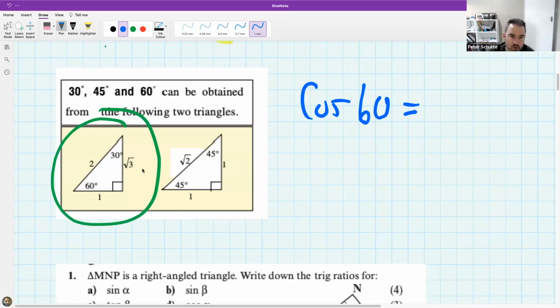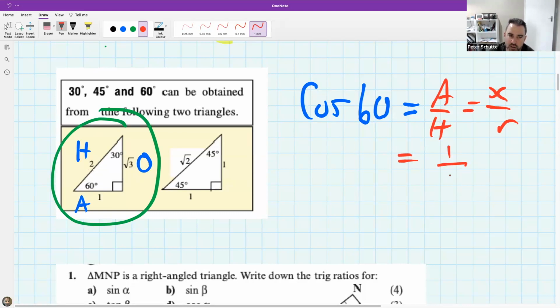If you look at this one, this would be O, because that's the 60, that is the H, and that is the A. But the cos of 60 is just A over H, or if you were using the other way of doing it, X over R. And so A in this case is 1 and R is 2. So the cos of 60 is in fact a half as well. Okay, so watch out because cos deals with A over H.